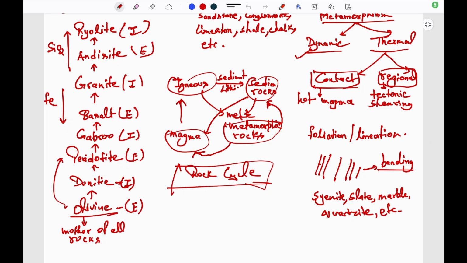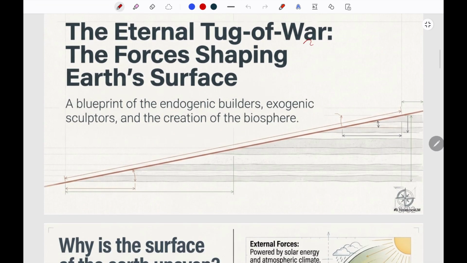Now moving on to the next topic, which is geomorphic processes. Now geo means earth and morphic is related to structure.